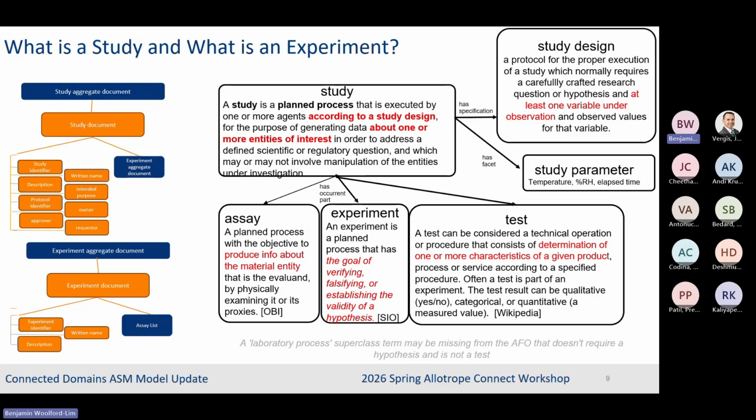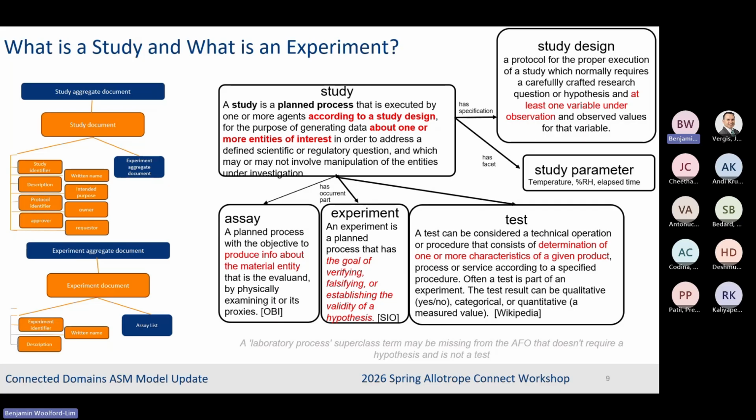That seemed to be consensus. And the other consensus about a study is that you have one or more parameters, one or more things that you're looking at, and you're varying to see what impact that has. And then just for experiment, it also included the definition of assay and test from the AFO.